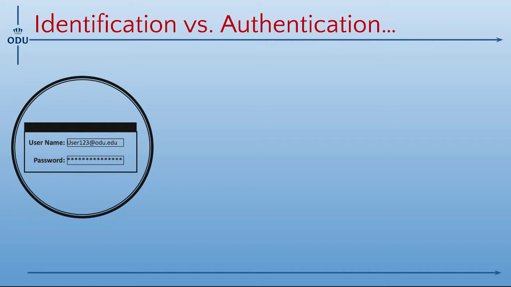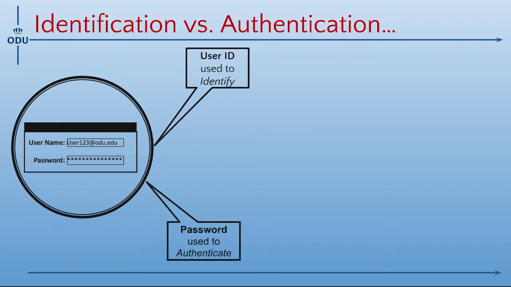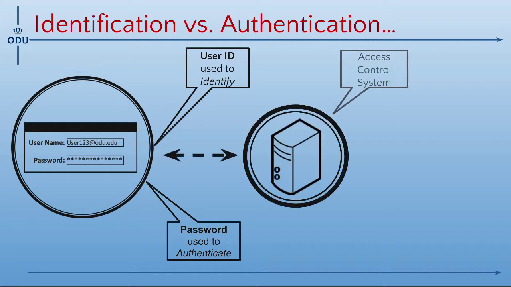You provide a username and you provide a password. That username, or user ID as the case may be, is used to identify you. Okay, so that's analogous to your driver's license. The password is some other piece of information that you know, that you should only know, and similar to the boarding pass you should be in possession of. That password is used to authenticate you to a particular system.